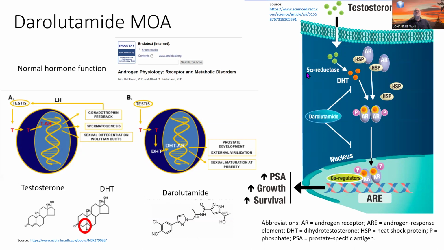Intracellularly, it is changed by the enzyme 5-alpha reductase to dihydrotestosterone, which binds to the intracellular androgen receptor, phosphorylates, binds to the DNA, and then has the effect on prostate cancer growth. The drug, darolutamide, inhibits this, stops it, blocks it from happening.